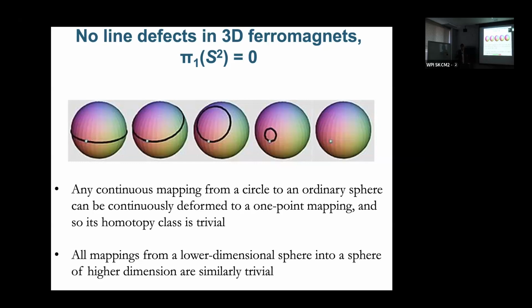Which means eventually you could go smoothly to a uniform orientation state, and there would be no defects. So indeed, the homotopy theory from pure math analysis tells us that that should be 0.